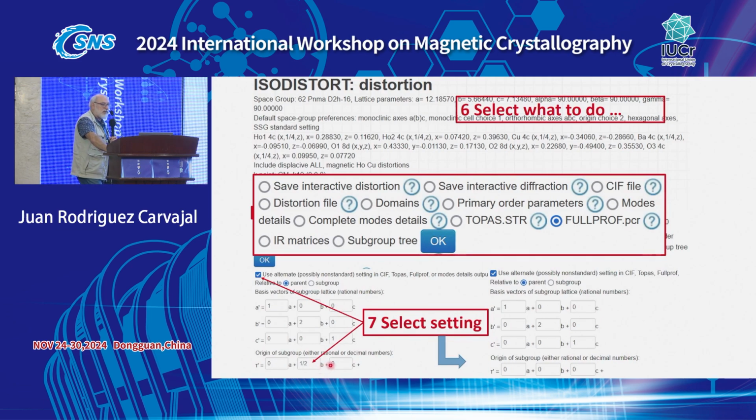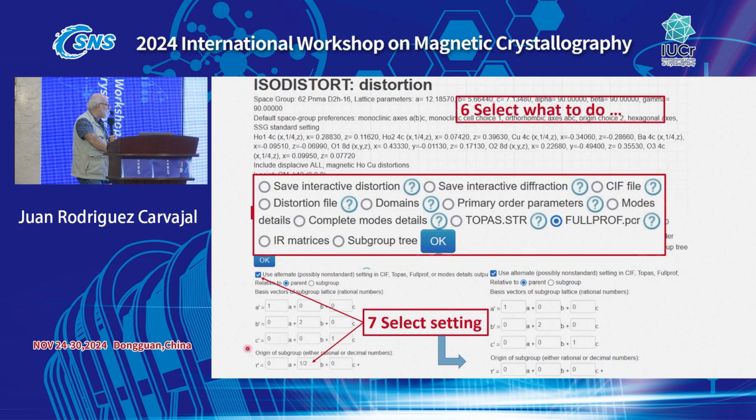But there are programs that do not work properly with other settings. And then I recommend, if you want to conserve exactly the same origin, you can remove that and put a 0. And then here is just the multiplication of the unit cell by 2 along the p-axis.